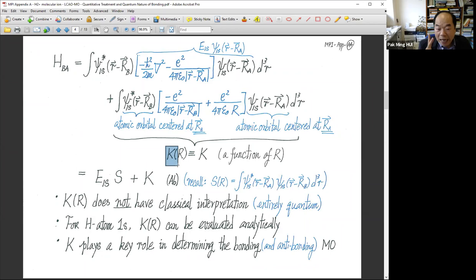Secondly, it depends on the separation of the 2 nuclei, naturally, so I call it K of R. Third, more importantly, you must realize that this is a single wave function on the right, star. It is a single wave function on the left, 1s. And then you do not see the same wave function squared. No, you don't see that, okay?